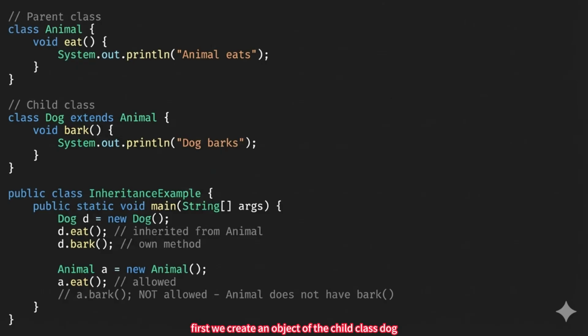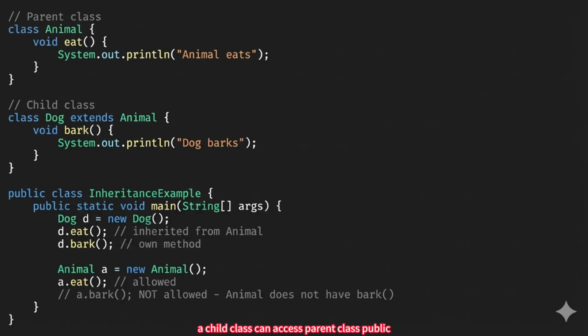First, we create an object of the child class dog. We write Dog d = new Dog. Now this object d belongs to the dog class. When we call d.eat, even though the dog class does not have an eat method, this call works because dog inherits the eat method from the animal class.